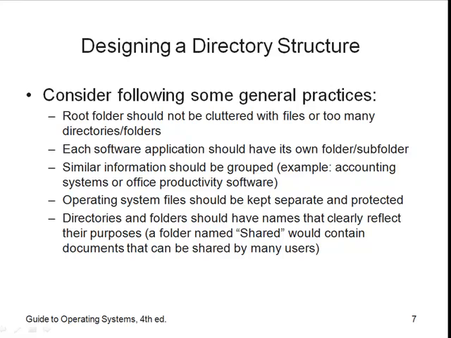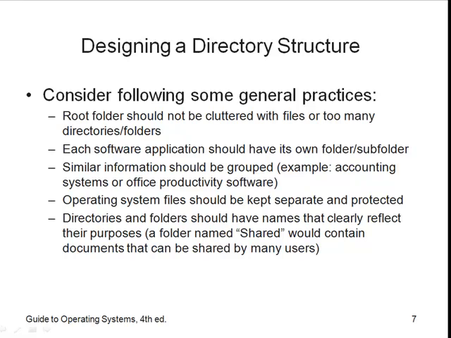Similar information, similar data should be grouped in some manner. Accounting systems should be grouped, or Office productivity software could be grouped in a folder. But grouping similar data structures helps with productivity. Operating system files, of course, should be kept separate and they should be kept protected from the general user public.